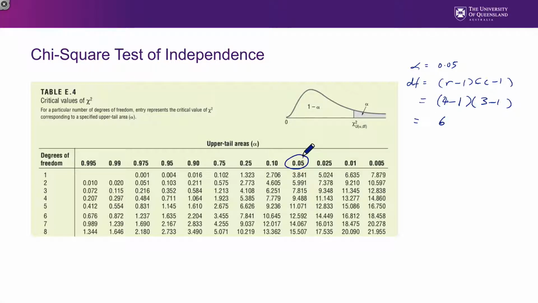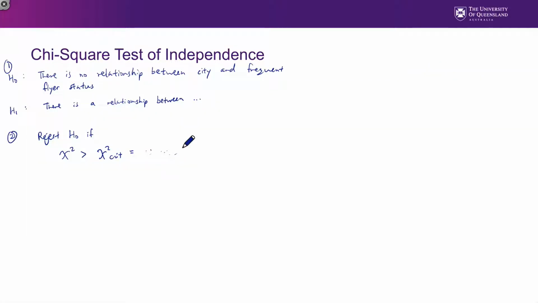So if you find 0.05 and you find 6, that will give you 12.592. So the chi-square critical is 12.592. So based on our table, we know that this is 12.592.